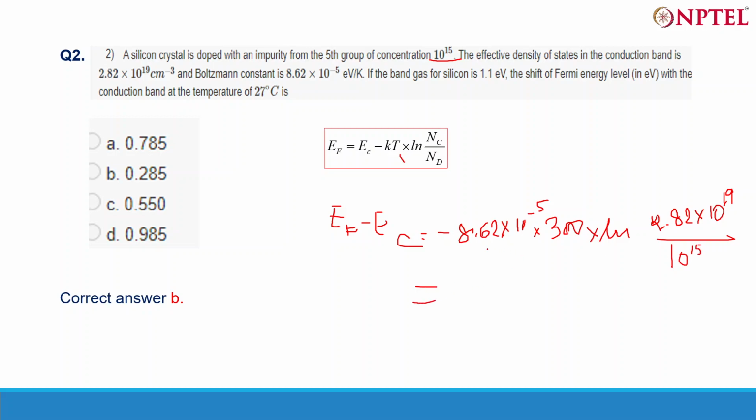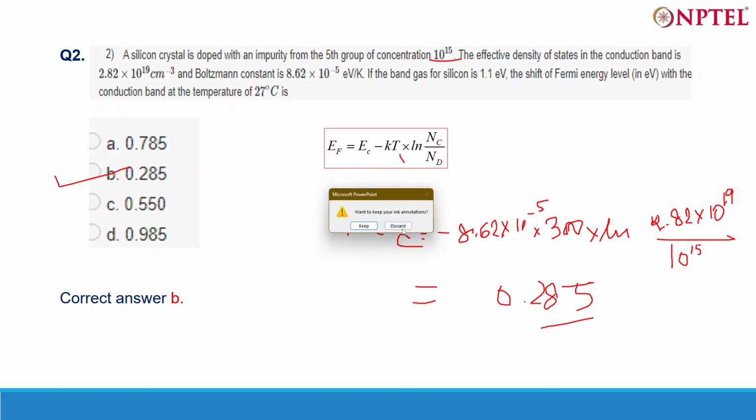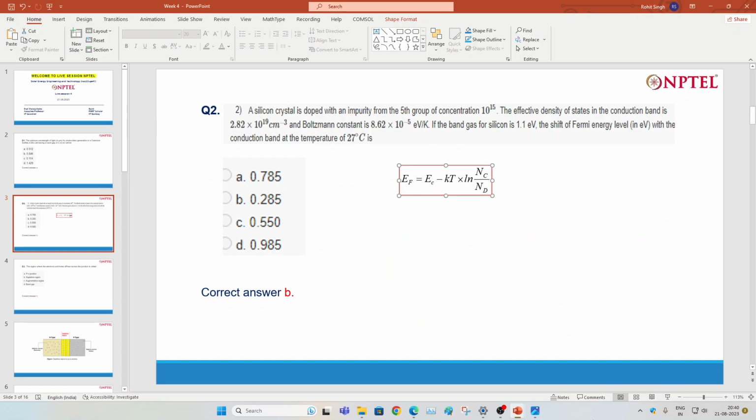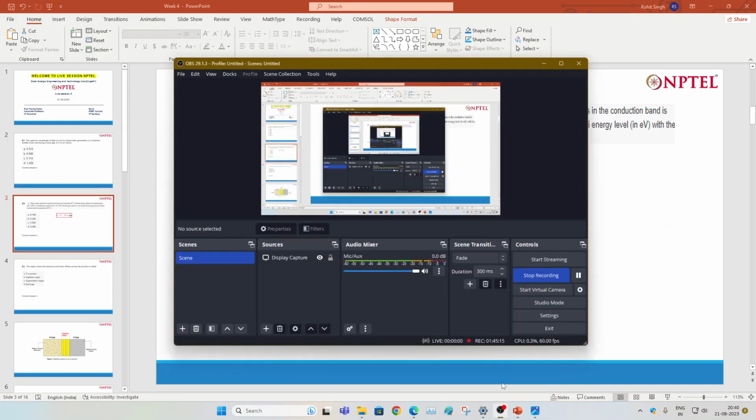So after putting all these values, when you calculate, you will get the answer as 0.285. So the correct answer is option B. Please see how it has been done. Put the values, calculate it by yourself. You will get the answer.